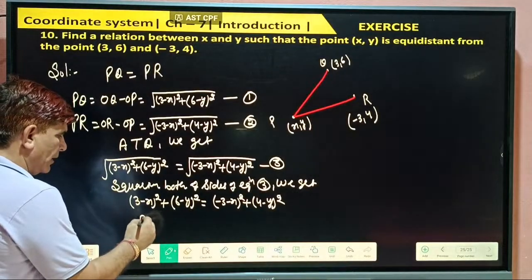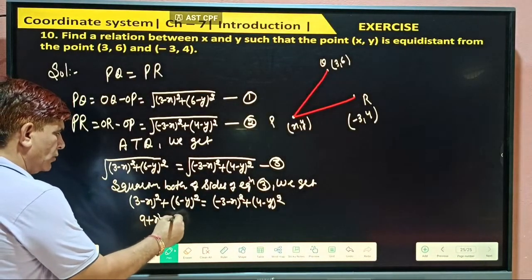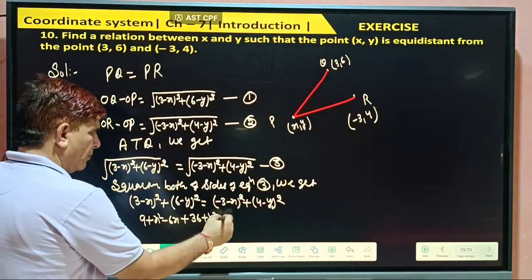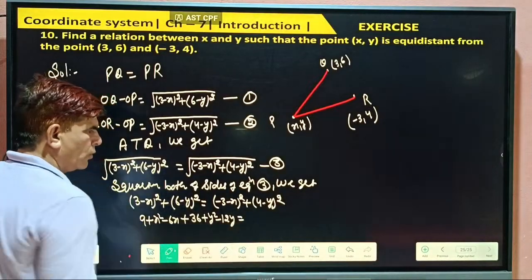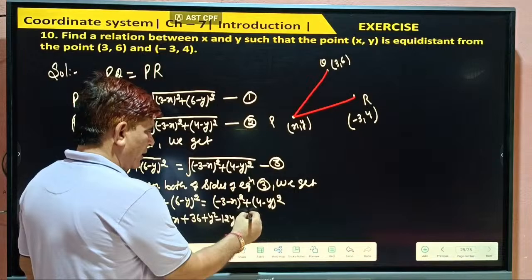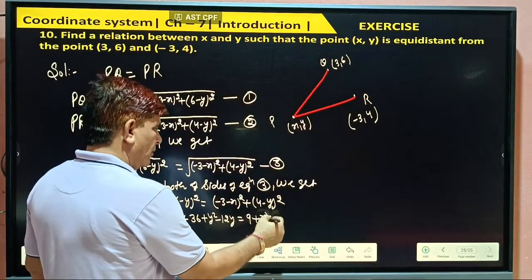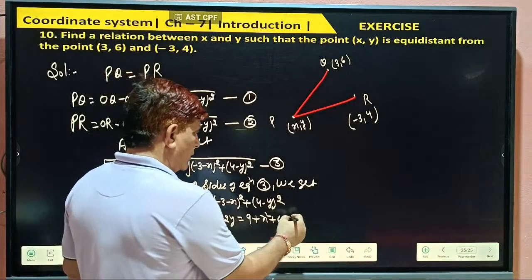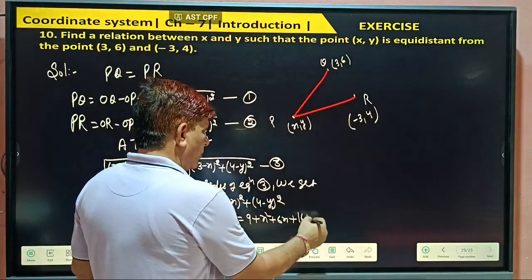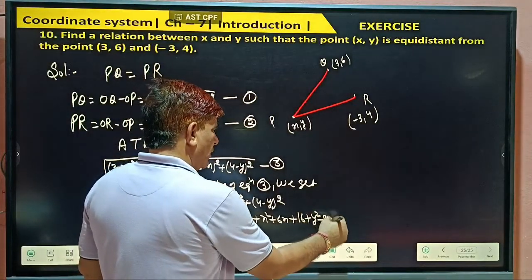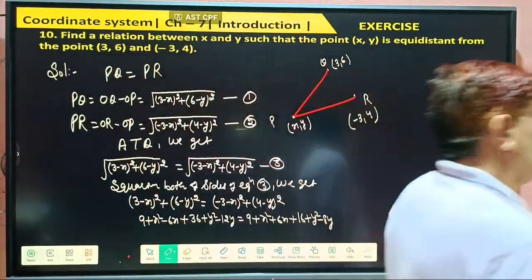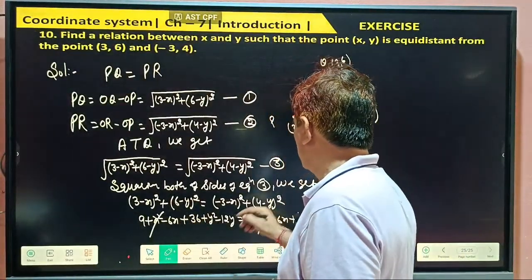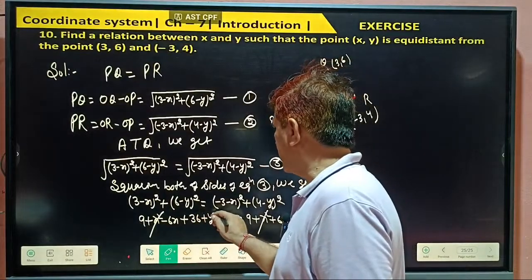A minus B whole square is A square plus B square minus 2AB, and again A minus B whole square is A square plus B square minus 2AB. Now the right hand side: A plus B whole square, A square plus B square plus 6X. Understood? Plus this A minus B, 16 plus Y square minus 8Y. So after this, easily we can show this cancels this and this cancels this, the square quantities cancel from it.